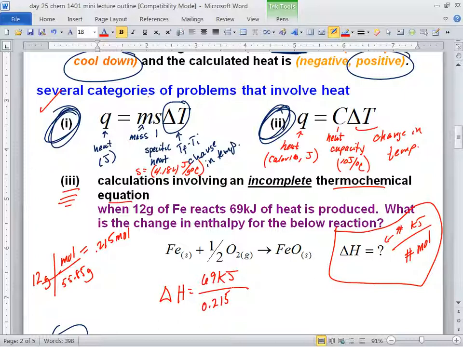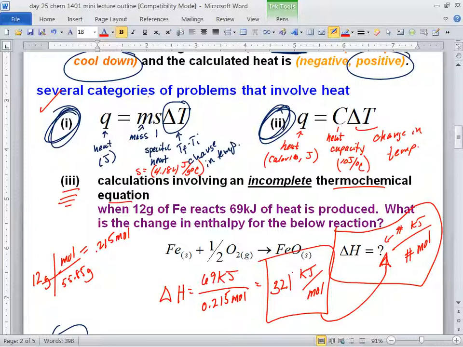Exactly. Divide the number of kilojoules by the number of moles, and we'll have our answer. And that number goes right there. So, about 321.